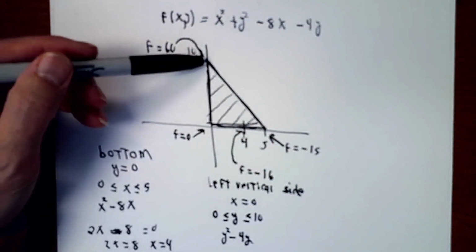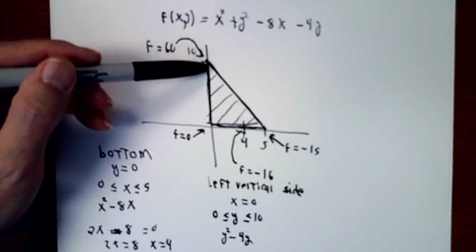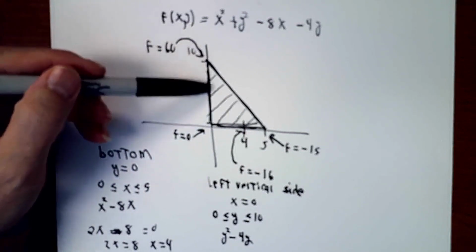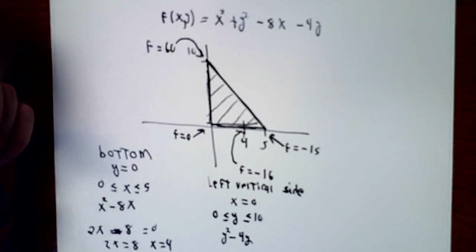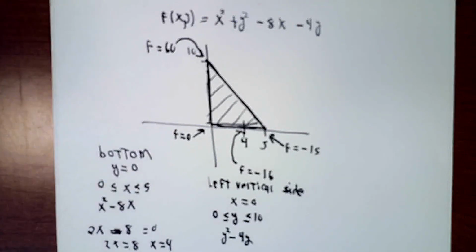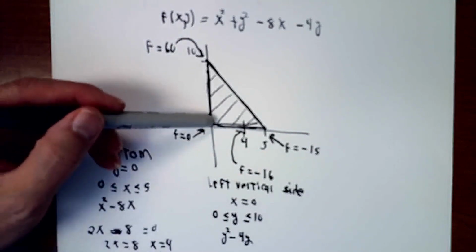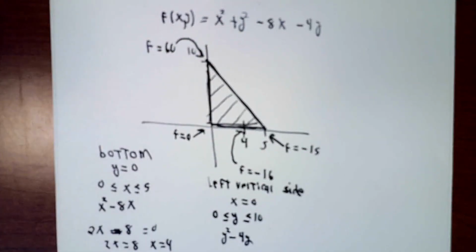On the other hand, I might have some sort of interesting point strictly between y equals 0 and y equals 10 on the left vertical part of the boundary. So I need to look at the derivative of the function. In this context, y is the variable because x is constant at 0.